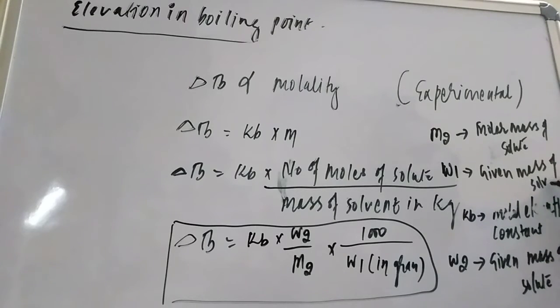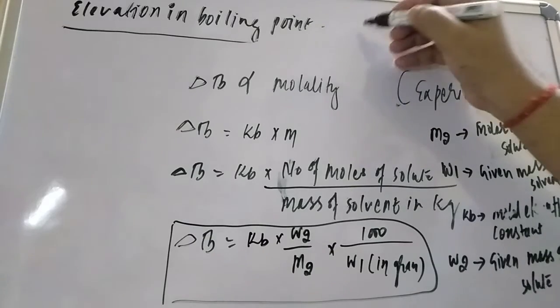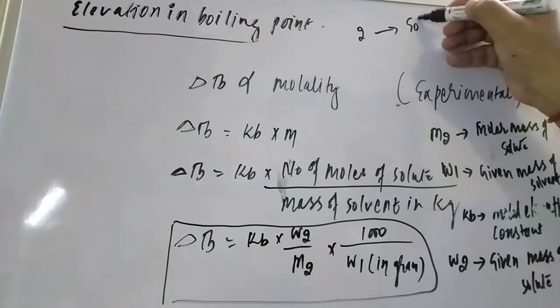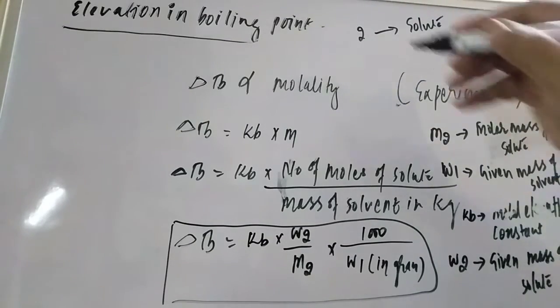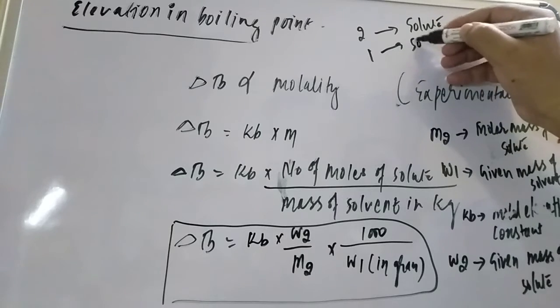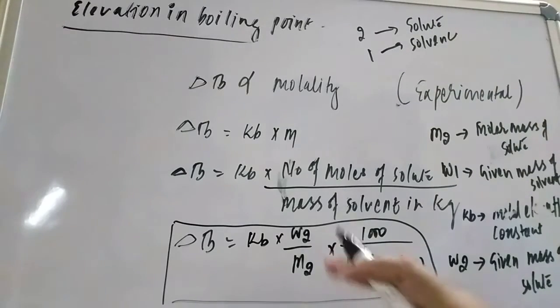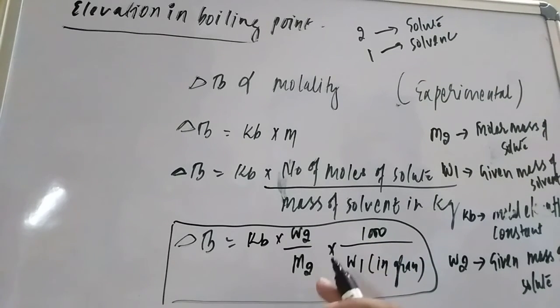This is the derivation. Delta TB we already know, that is elevation in boiling point.